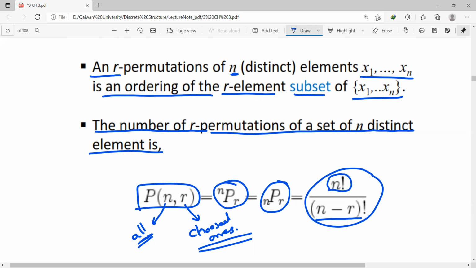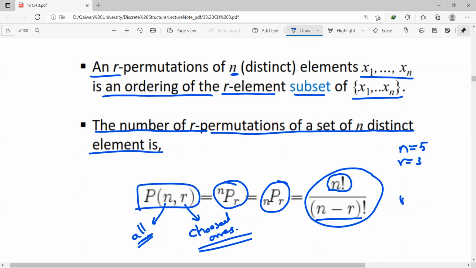For example, if we say choosing 3 people among 5 people, that means here n is the total, which is 5, and R is the chosen ones, which is 3.